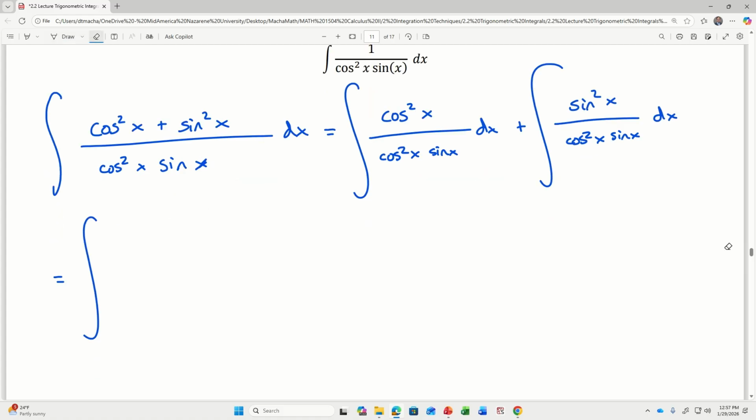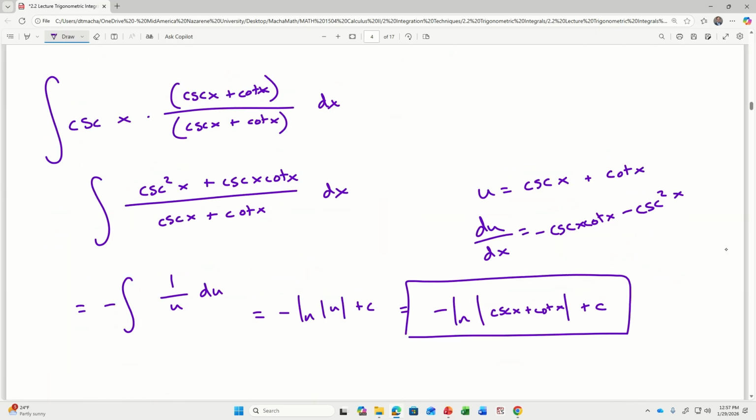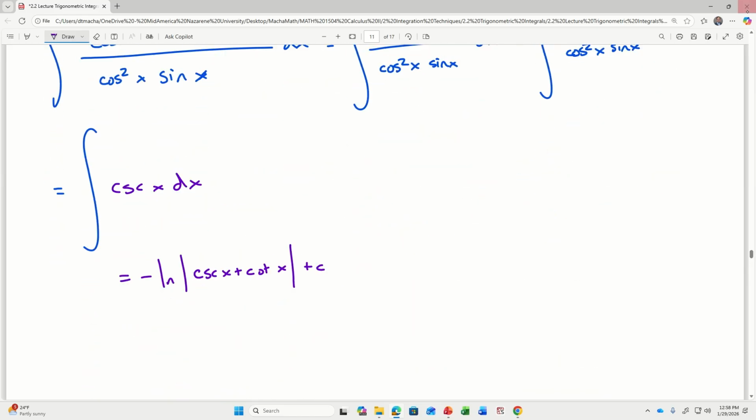And the antiderivative of cosecant is going to be negative natural log of absolute value, my brain just blanked. Is it cosecant x plus cotangent x plus c? Is that it? Yeah, okay, we got it. We got the first one.